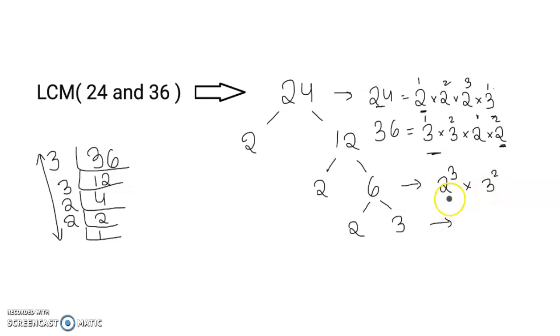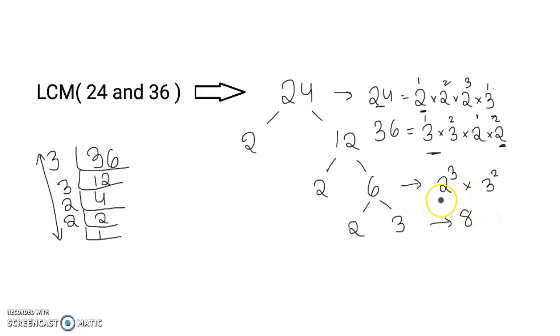Now you want to multiply this out. So 2 to the third power is basically 2 times 2 times 2, which is multiplying 2 three times, which is equal to 8. Remember, this is different from 2 times 3, which is equal to 6.